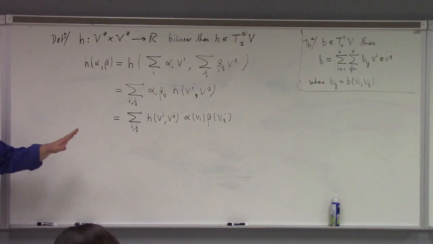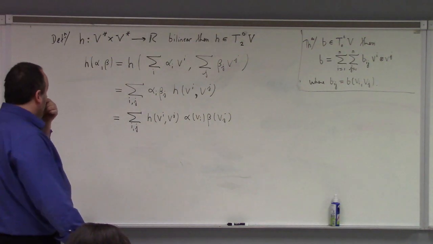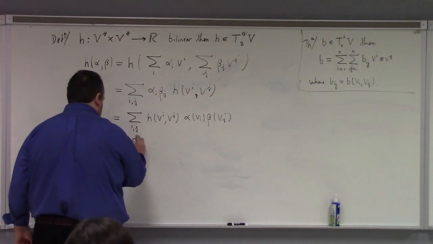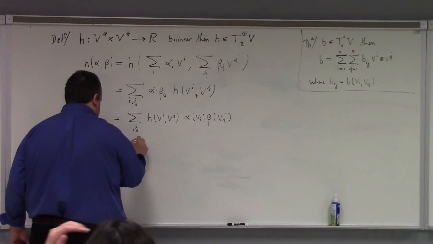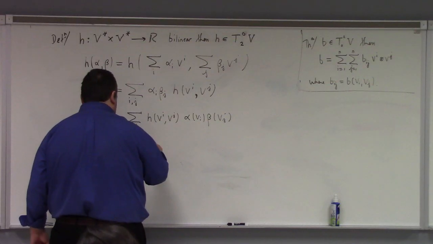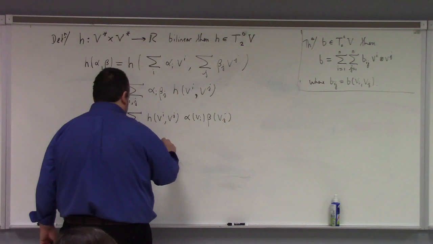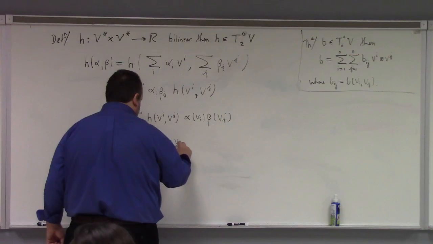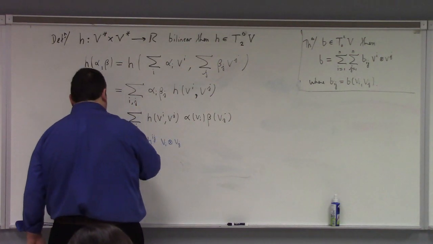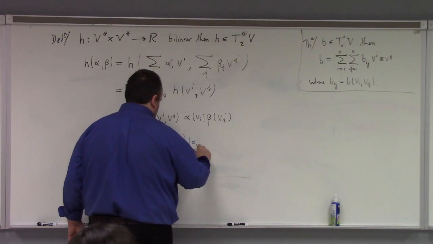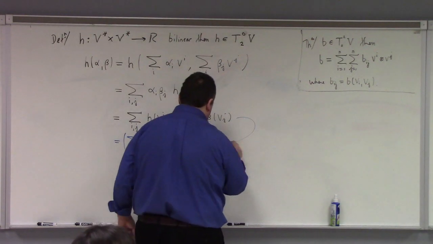Okay, so the point is, this we could define as equal to the sum over i and j of, let's say, H upper ij, v lower i tensor v lower j, acting on alpha comma beta, where I'm making a definition.